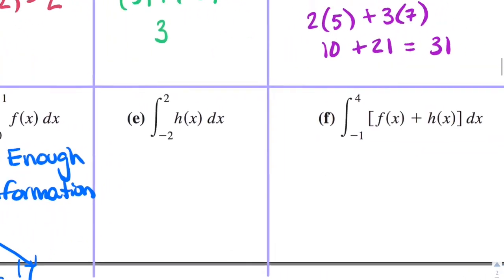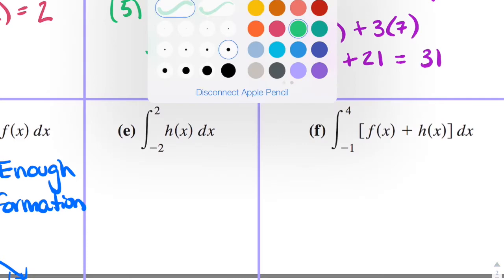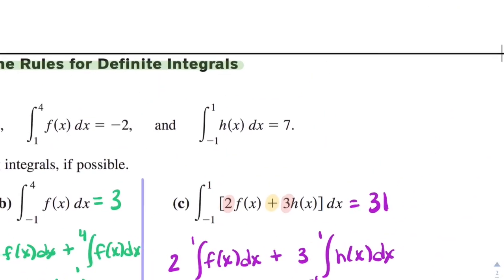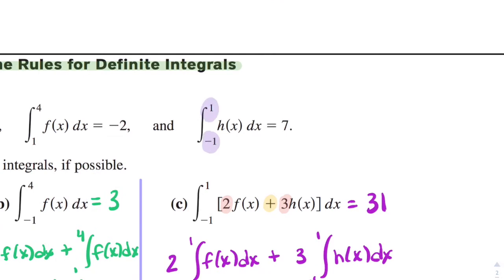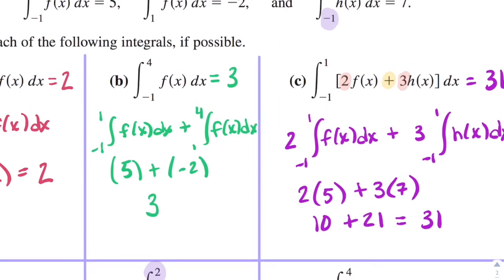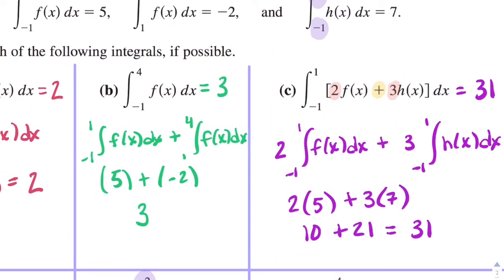All right, here we have -2 to 2 of h of x, and it looks like we have -1 to 1 of h of x. That's all we're given. Again, you can't just assume that, oh, well, -1 to 1 is 7, so I'm going to multiply it by 2 and get -2 to 2. That's not an assumption you're able to make.